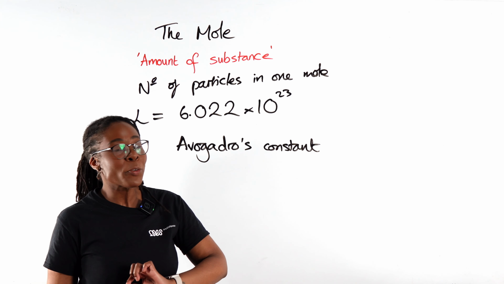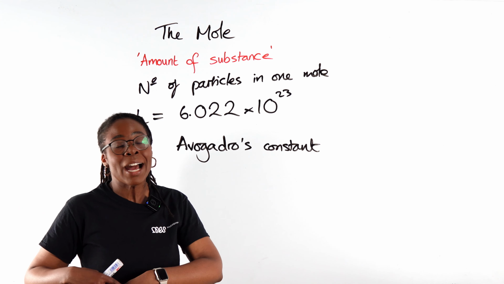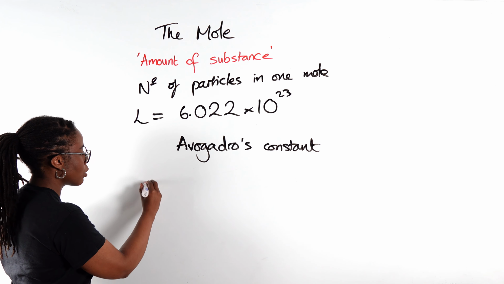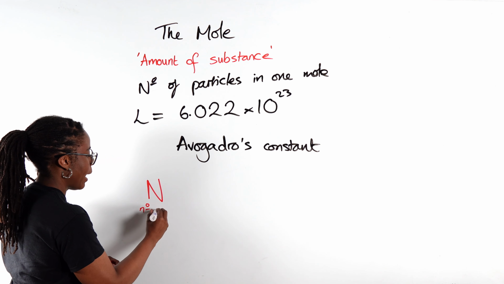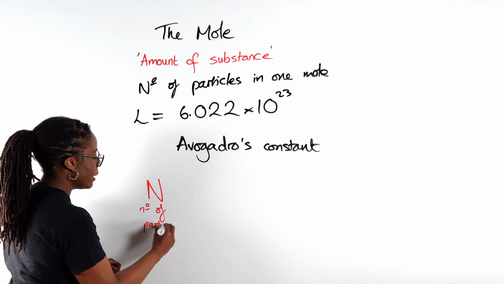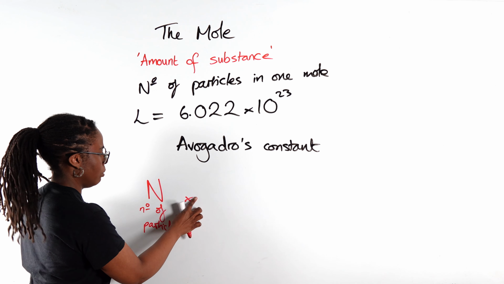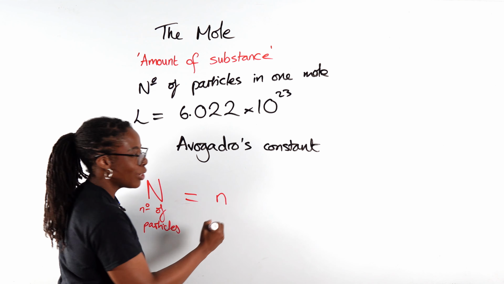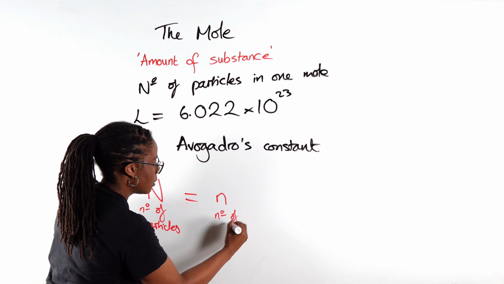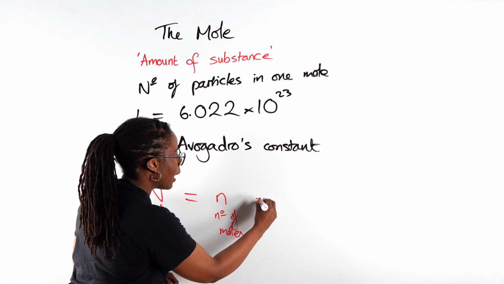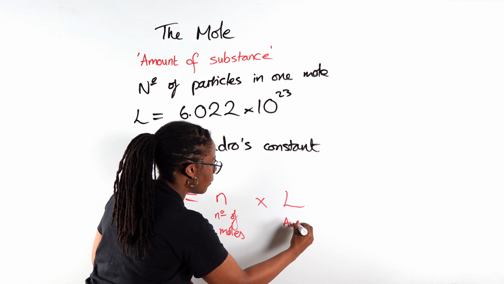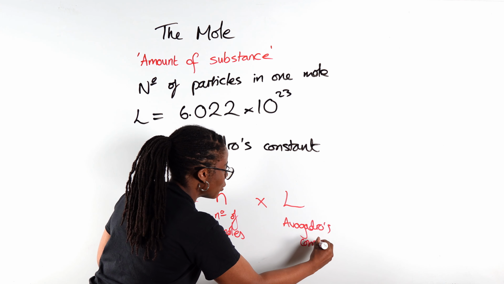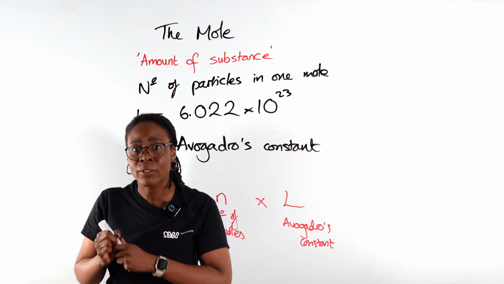Now, if we know the number of particles in 1 mole, we can calculate the number of particles generally using the expression: number of particles, which I'm going to use as a capital N, is equal to the number of moles, lowercase n, multiplied by L, which we've just identified as Avogadro's constant, and the amount of willpower and self-control it takes me not to write avocado every single time.